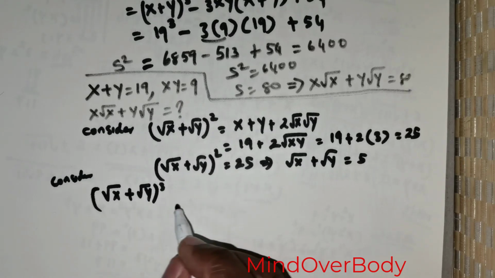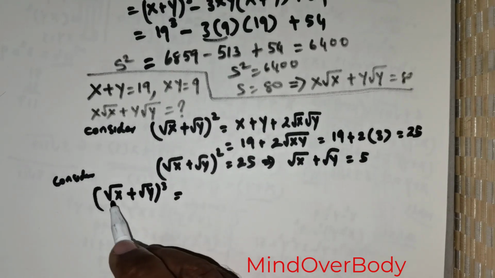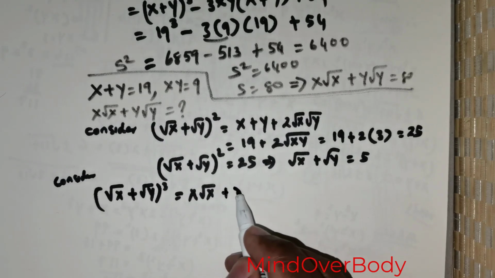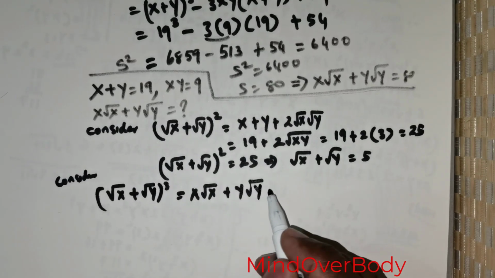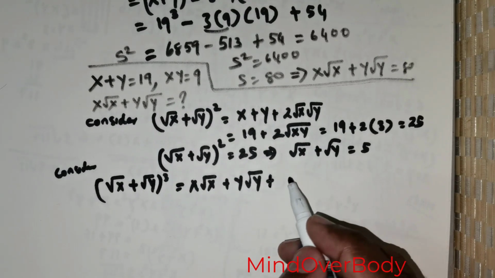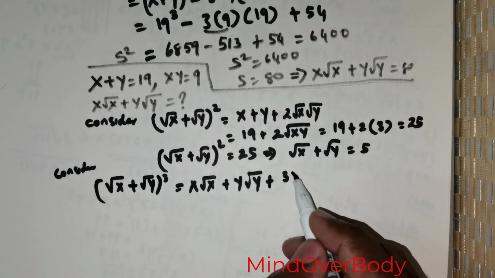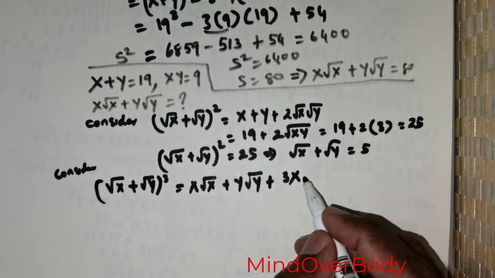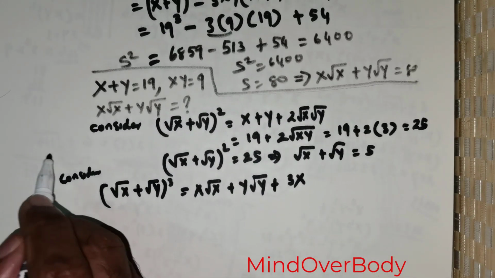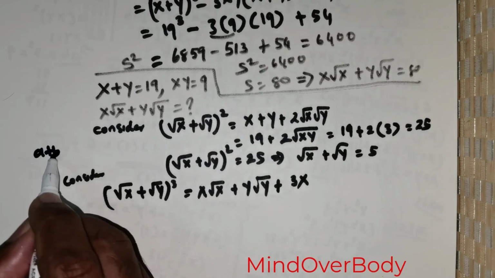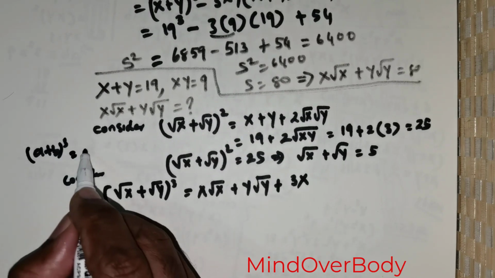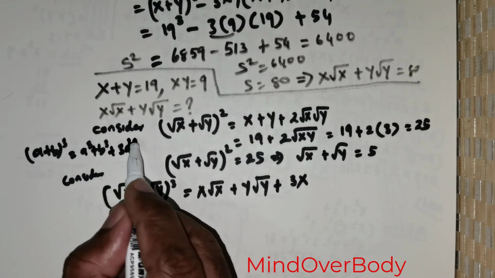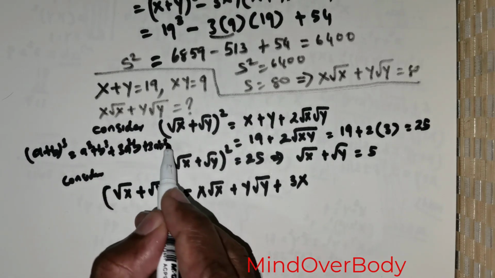Now, when you expand this, this will give you x times root of x, positive y times root of y, and then positive 3 times x times, since you are taking the a plus, let me write that formula down. A positive b raised to the power 3 is equal to a cubed positive b cubed positive 3 times a squared b positive 3ab squared.